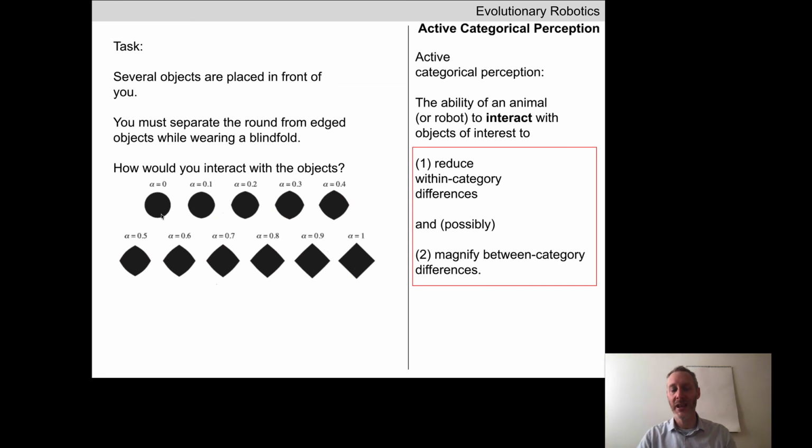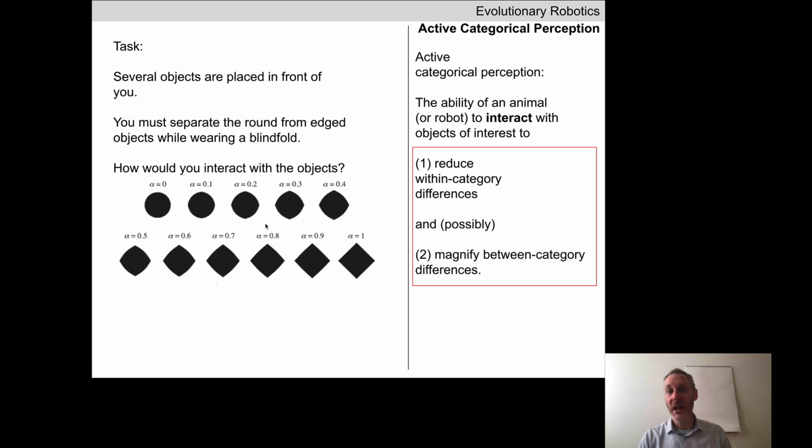If I ask you to look at these 11 objects and tell me which are round and which are edged, hopefully you would realize that it's an ill-posed question. You might say, well, these are mostly round, and from here on, these are edged, but that's kind of an arbitrary distinction. Most of us would say there is no clear distinction between round and edged objects.